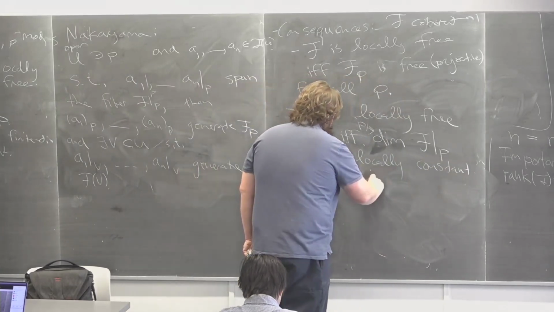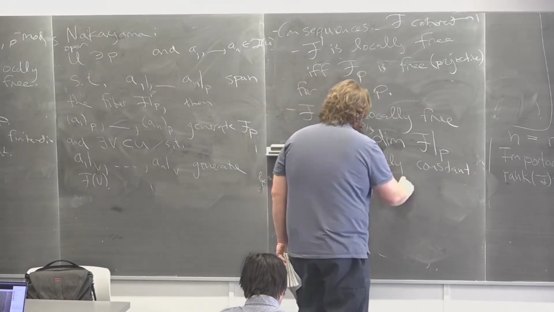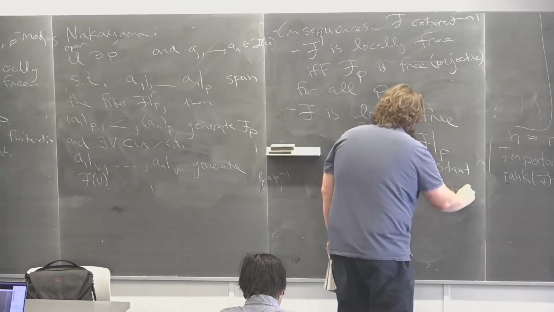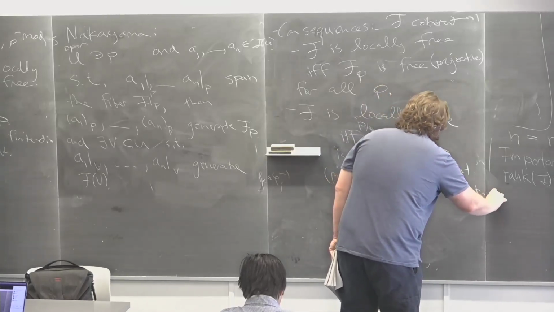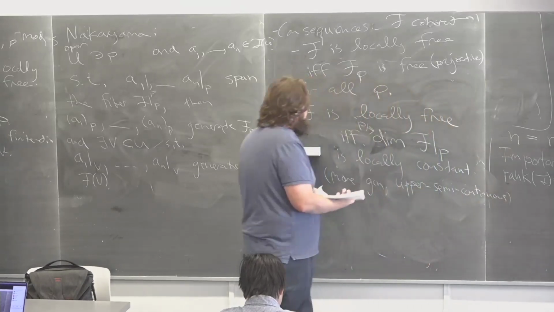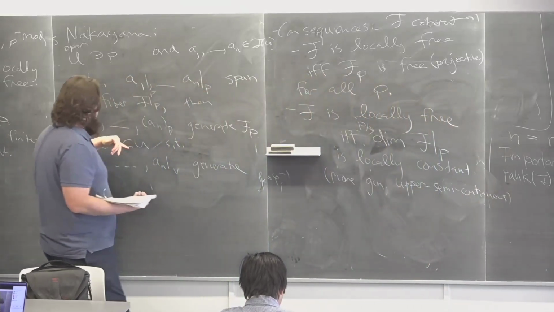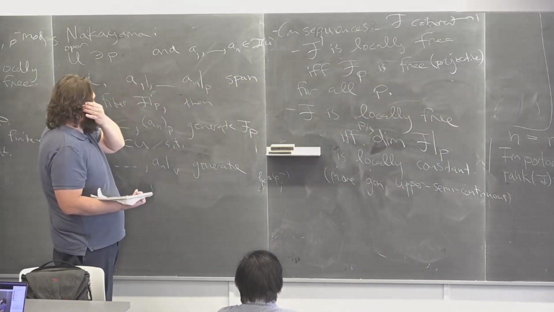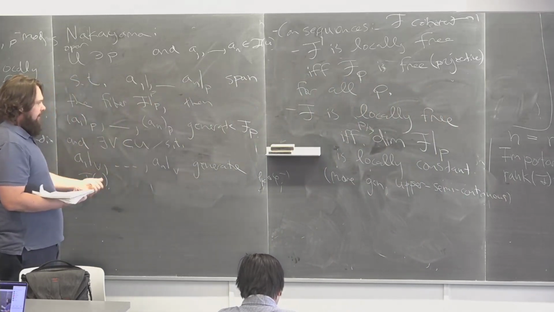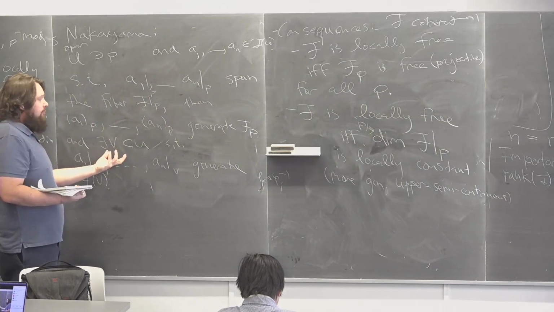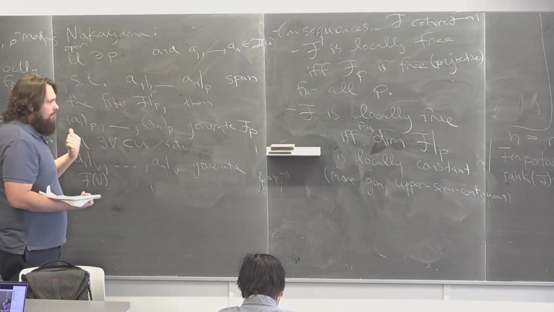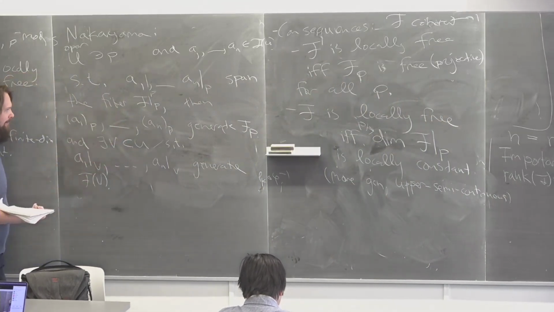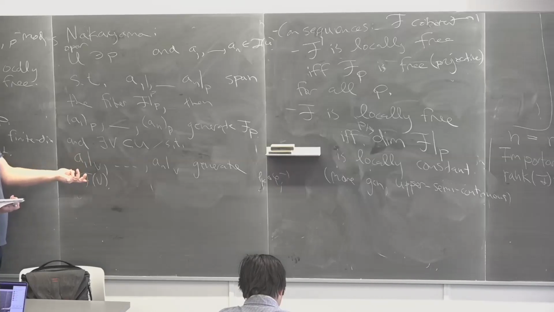More generally, this function is upper semi-continuous. This comes immediately out of Nakayama's lemma. If I have a basis for this fiber, those elements have to generate over some open set. So in particular, they have to generate at any generization of my point, and so the dimension can only drop.